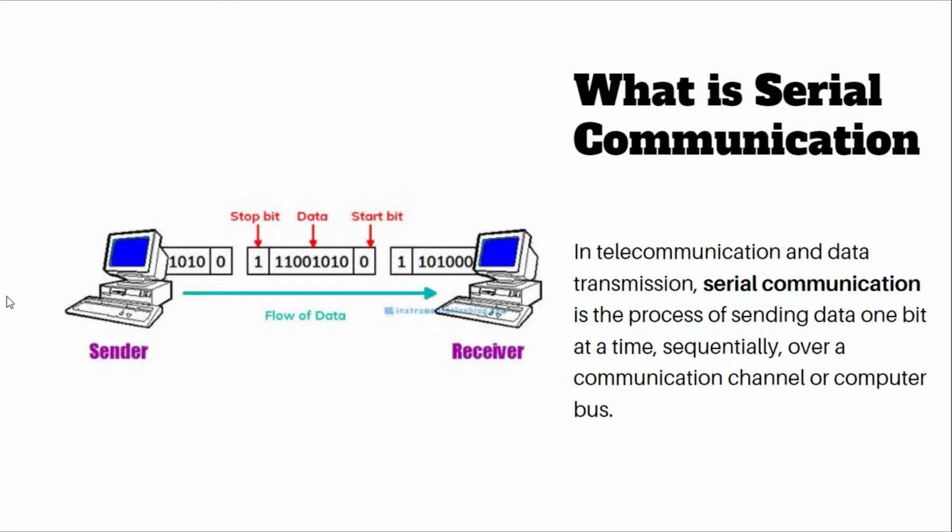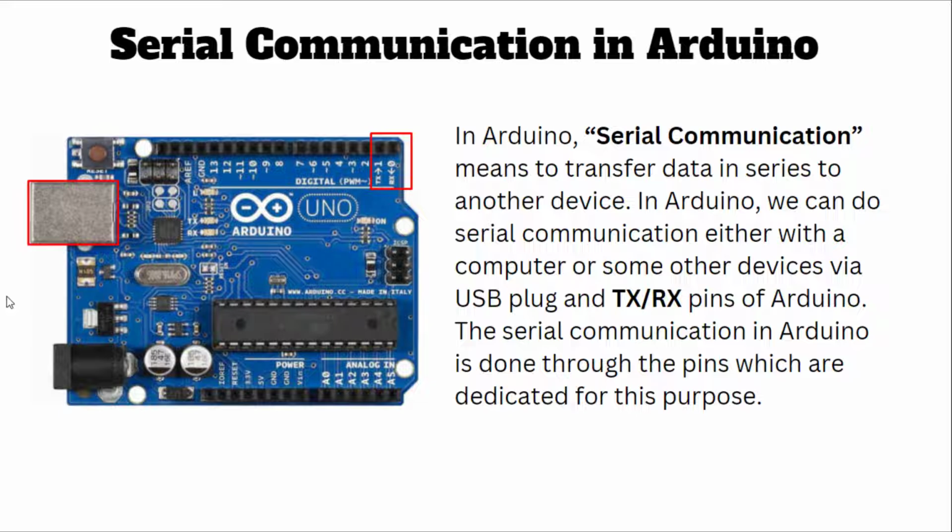So coming down to serial communication in Arduino, it simply means to transfer data in series to another device. In Arduino, we can do serial communication either with a computer or some other devices via the USB plug and the TX and RX pins of Arduino.